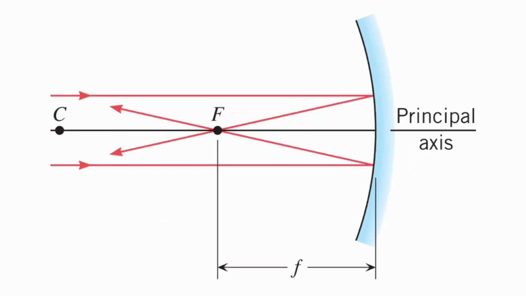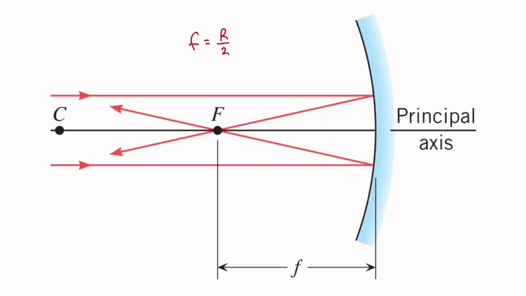Every spherical mirror has what we call a focal point. The point at which light, traveling parallel to the optical axis, will bounce off the mirror and then go through the focal point. The focal length of the mirror is always the radius of curvature divided by 2.